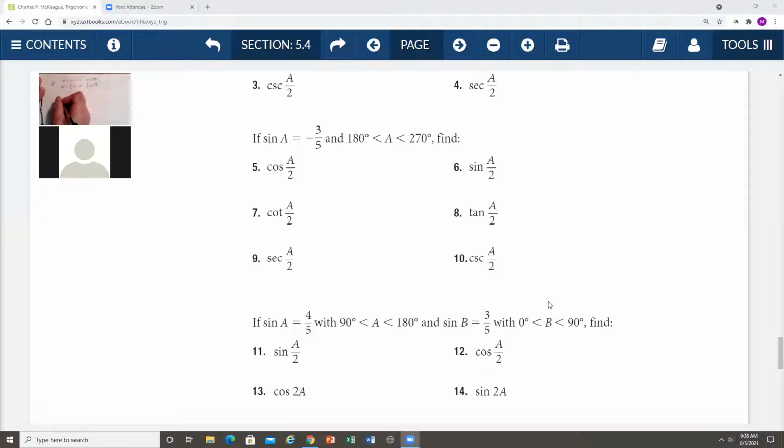So problem number 6 here, they indicate that the sine of angle A is -3/5. They want us to therefore find the sine of A divided by 2. Well, we'll use our half angle identity for the sine function.